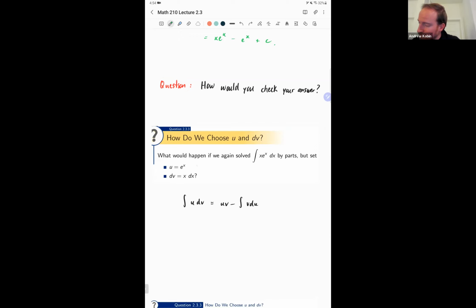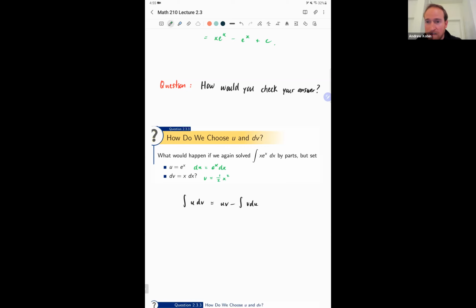So just reading from the two choices I made for u and dv, du is, well, derivative is e to the x, and then I'll throw in a dx. If dv is x dx, I have to take the antiderivative to find some v expression whose derivative is x. Well, I know it's, by the power rule, it has to be something x squared. And to get a 1 times dx, I need to cancel out my 2 somehow.